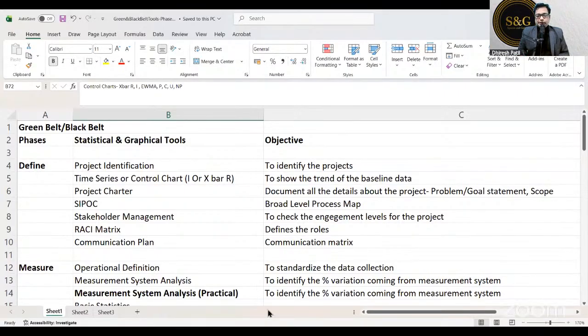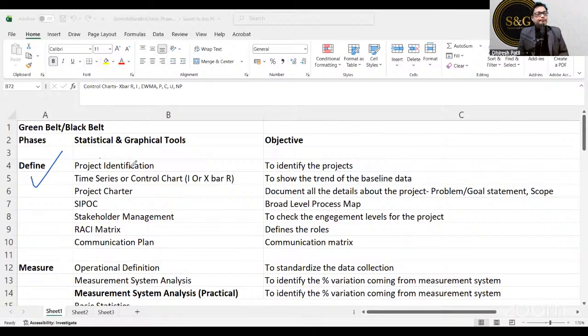Now, in the green belt define phase, what are the different tools? So in the define phase, the first one we are talking about is project identification.